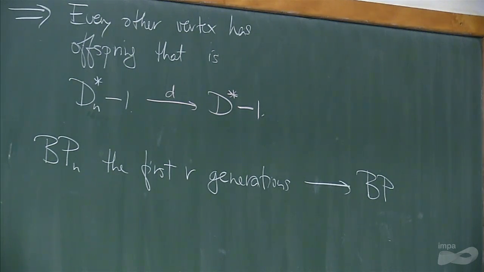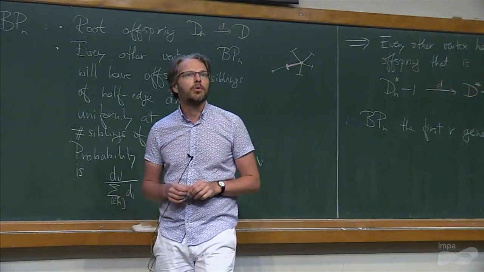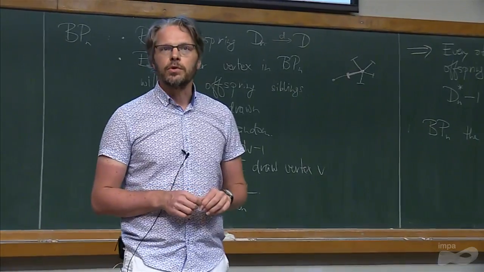And now we're almost done, because now I've argued it for the branching process, but I haven't quite yet argued why the branching process is, with high probability, a very good approximation to the local neighborhoods.